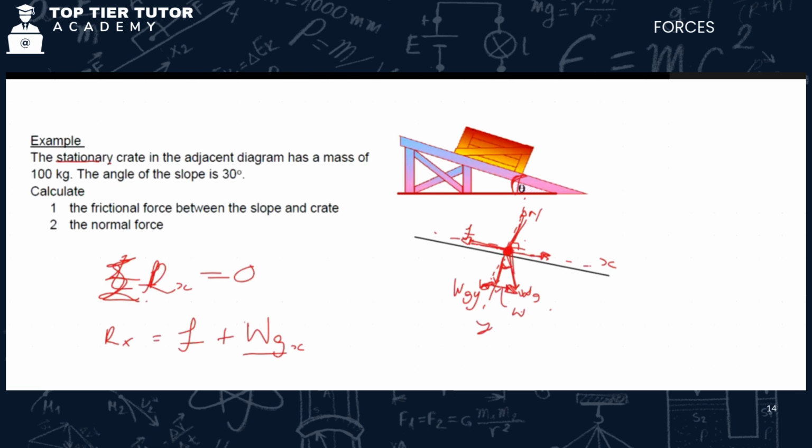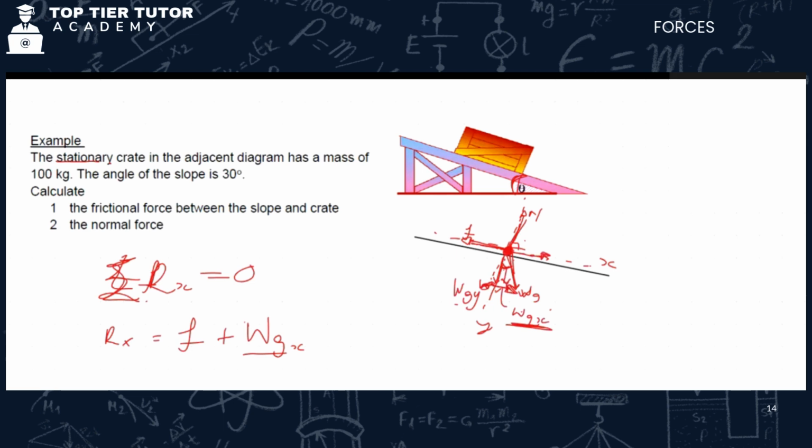So your W is the hypotenuse, and that's your Wy. You will see that the Wx is actually opposite of that angle. Because it's opposite, it implies that we are going to be using a sine.